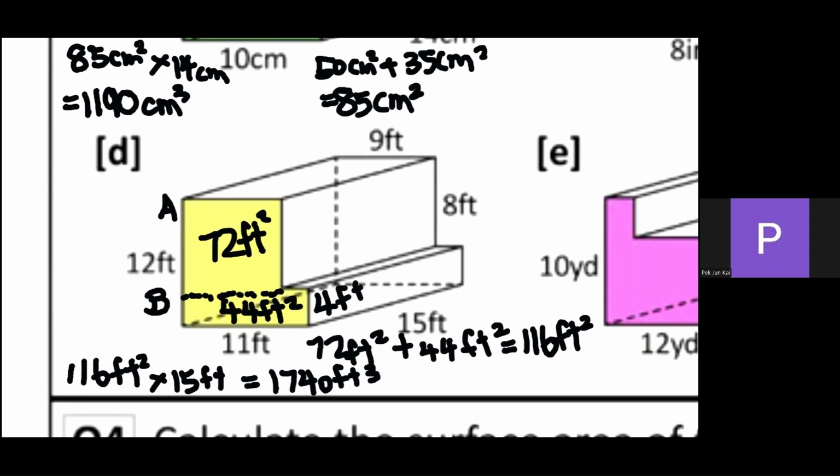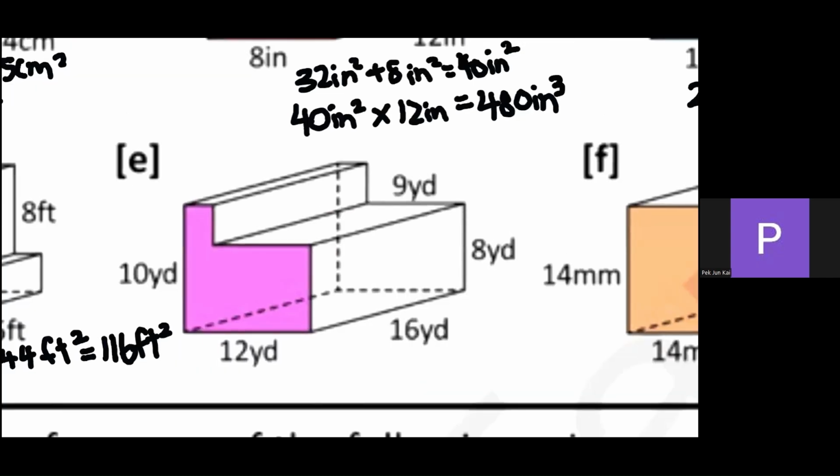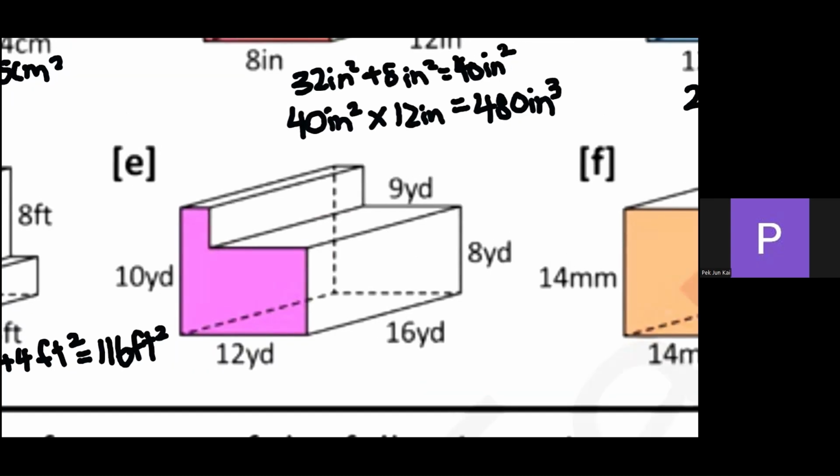Next, question E. We can also split it into two parts, part A and part B. So the area for part B would be 12 yard times 8 yard would be 96 yard square. And the length for this would be 3 yard, since 12 yard minus 9 yard would be 3. And the width would be 2 yard, since 10 yard minus 8 yard is 2.